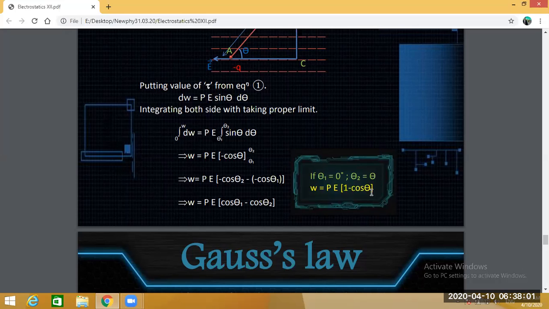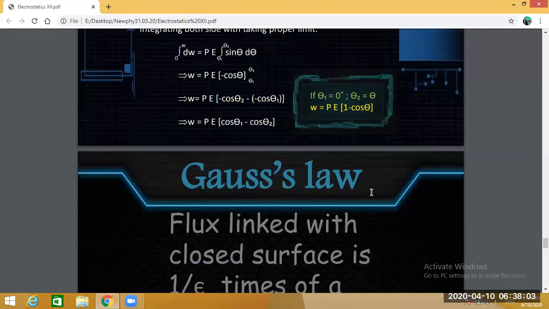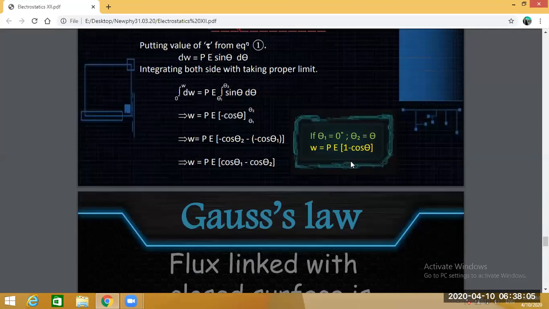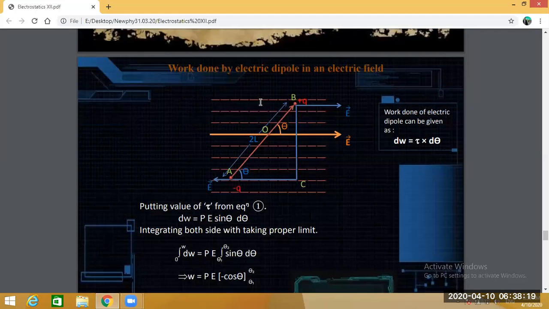Now remember, again, if we take another situation, where theta 1 is equal to 90 degrees, say the dipole is taken to this position here, point B is taken to this position, and A will come to this position, then the angle becomes 90 degrees.